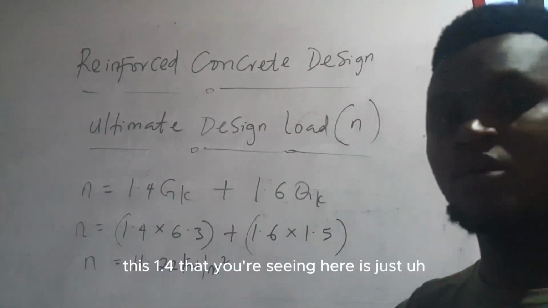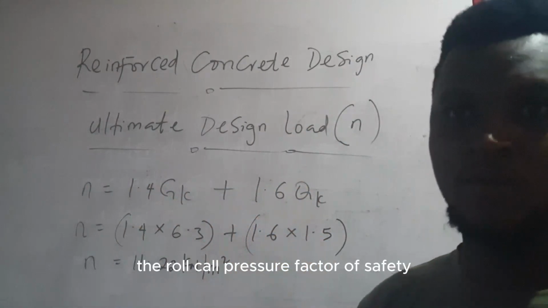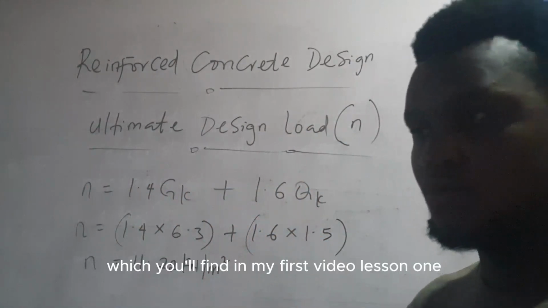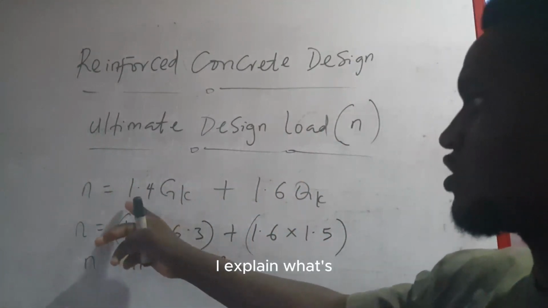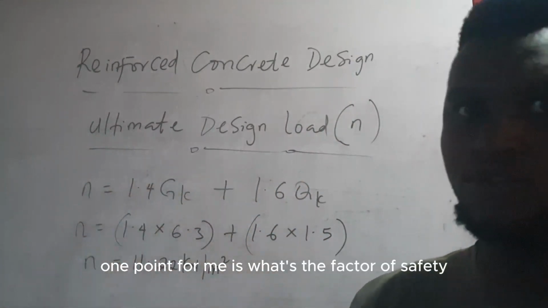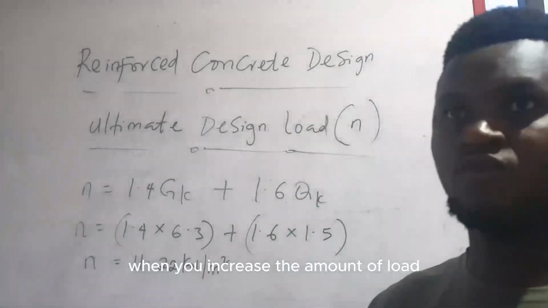This 1.4 that you're seeing here is what we call the partial factor of safety, which you will find in my first video, lesson 1. I explain what 1.4 means. Partial factor of safety is just when you increase the amount of load.